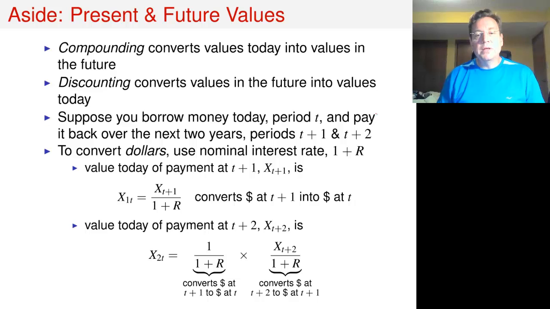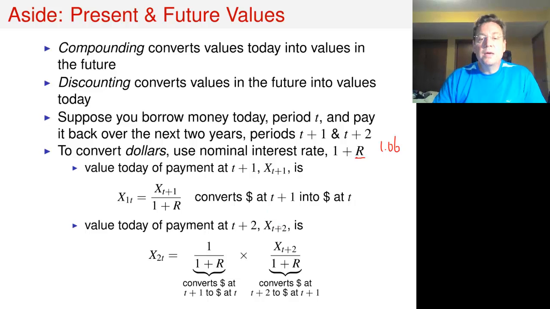Say you borrow money today, period t, and pay it back over the next 2 years, in periods t plus 1 and t plus 2. Let big R be the nominal interest rate, so 1 plus R is the gross nominal interest rate. If the interest rate is 6%, 1 plus R would be 1.06.